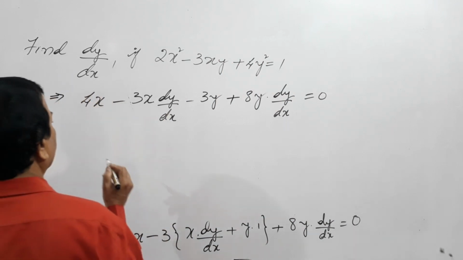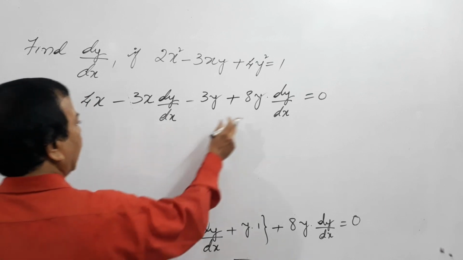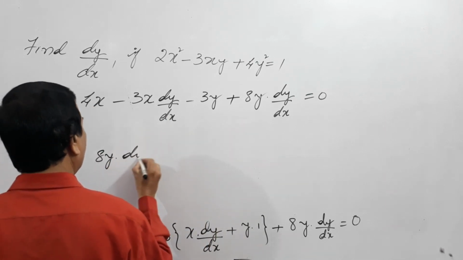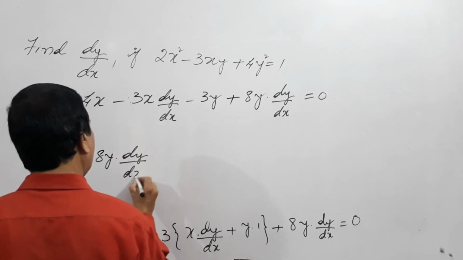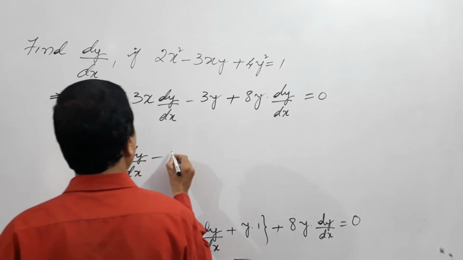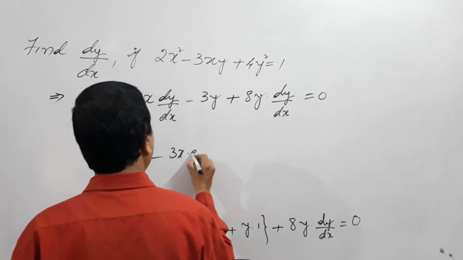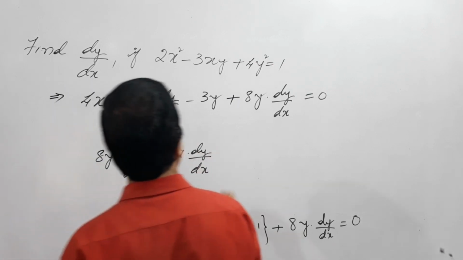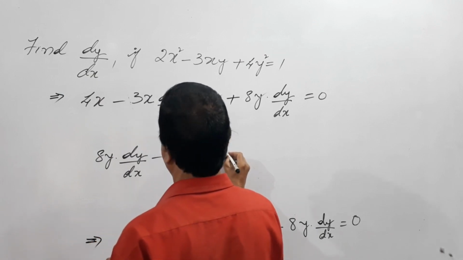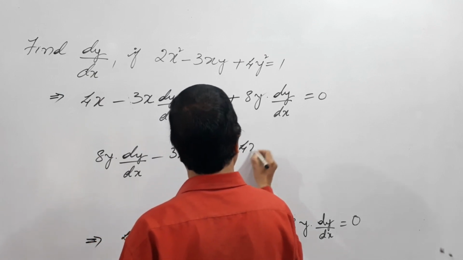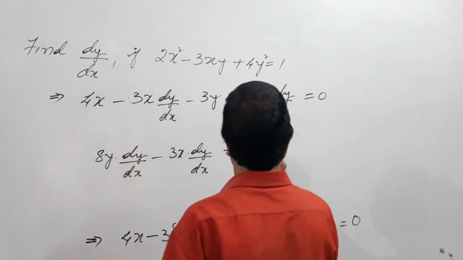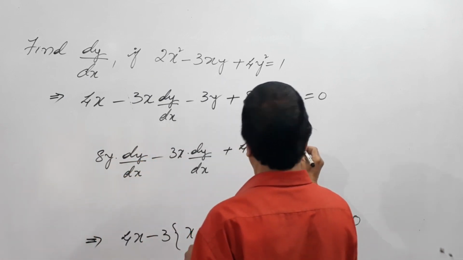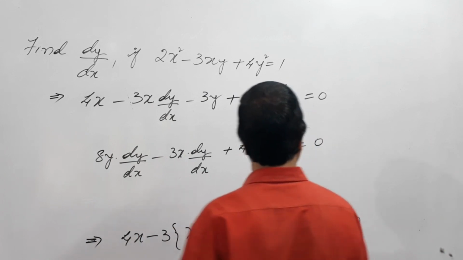So here what we have, I will take this first, 8y into dy by dx minus 3x into dy by dx plus 4x minus 3y equals 0.